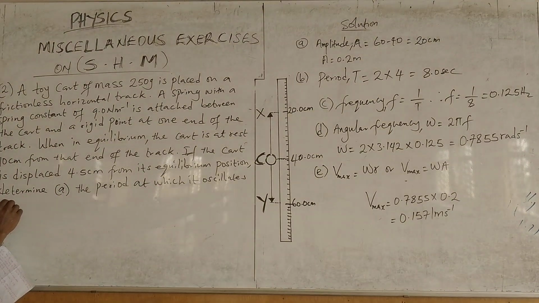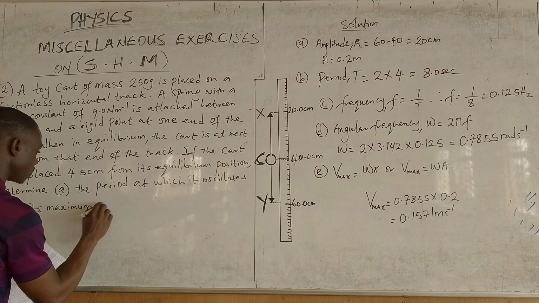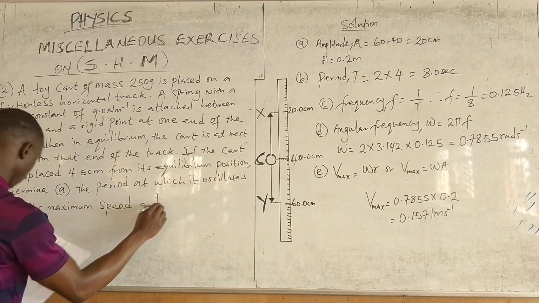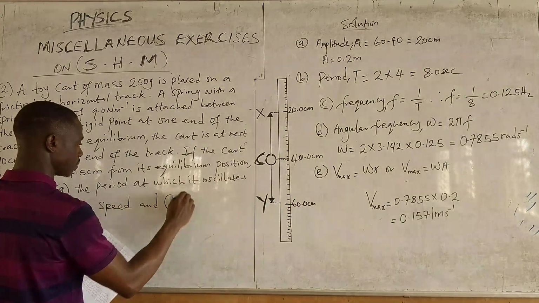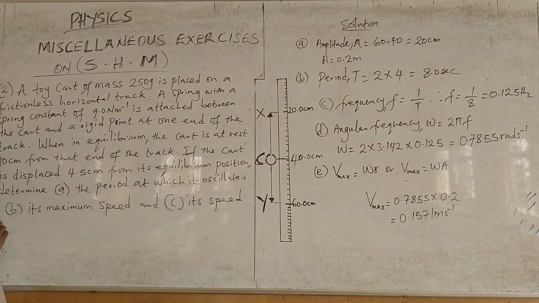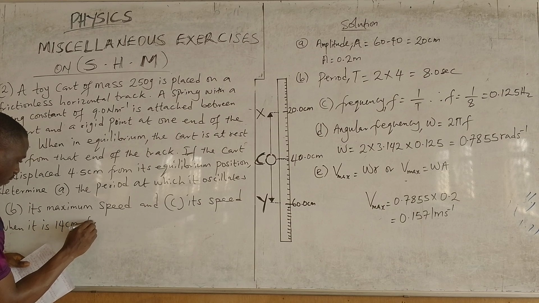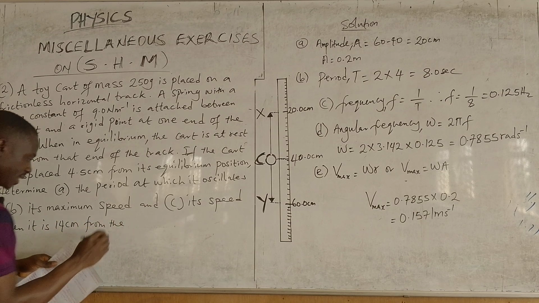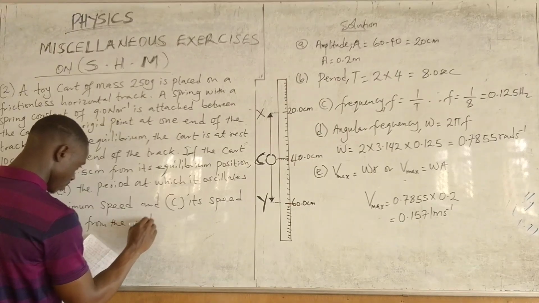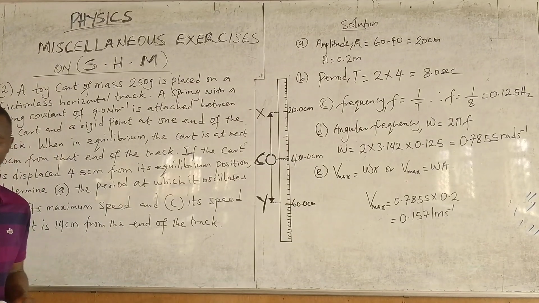B, its maximum speed. And C, its speed when it is 14 centimeter from the end of the track. So there's the question.